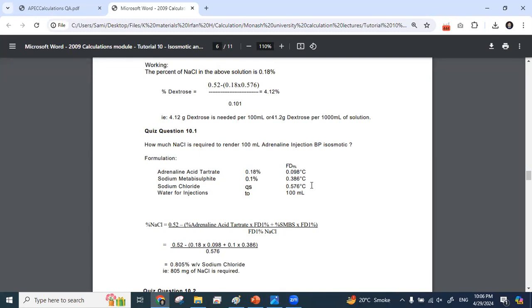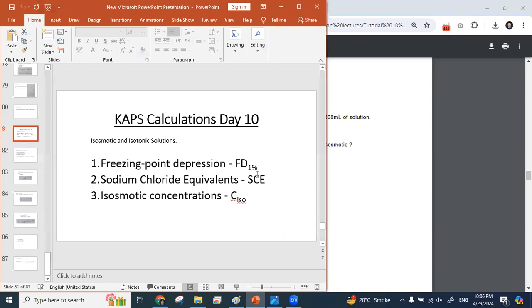So just like all the elements have their molecular weights, they also have all of these three things. NaCl will have a freezing point depression, a value of sodium chloride equivalent, and an isosmotic concentration. First thing was this freezing point depression. We make a relationship between multiple ingredients based on their freezing points.